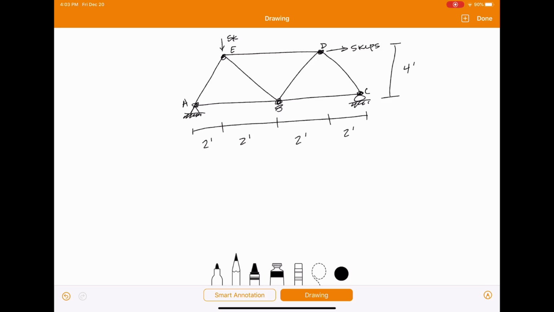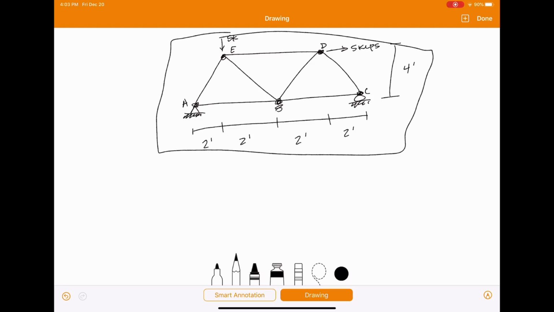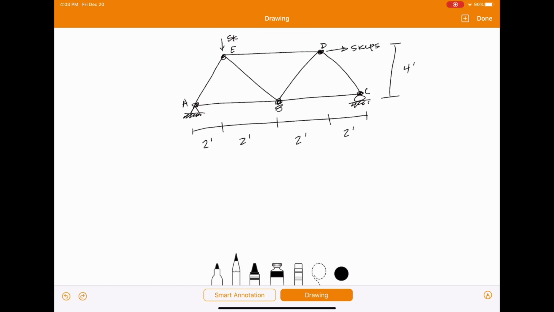Okay, so the first thing you have to do in analyzing a truss is to find the reactions. And so you just treat this as a whole rigid body to find your reactions. So just treat it as a simply supported beam.